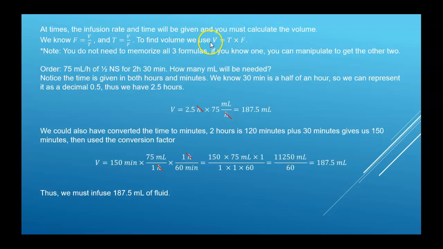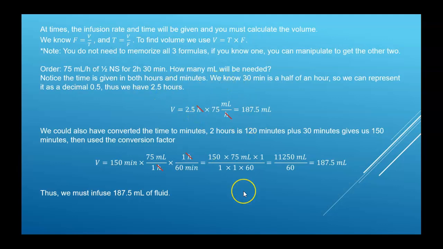What if we had to find the volume? What if we knew how long to run a bag and we knew what the pump was set for? We can calculate the amount of fluid that's going to be administered. So we have a pump running at 75 milliliters per hour, and we know it's running for 2.5 hours. How many milliliters will be needed? So 2 hours, 30 minutes, you can convert it. 2.5 hours is 2.5 hours.